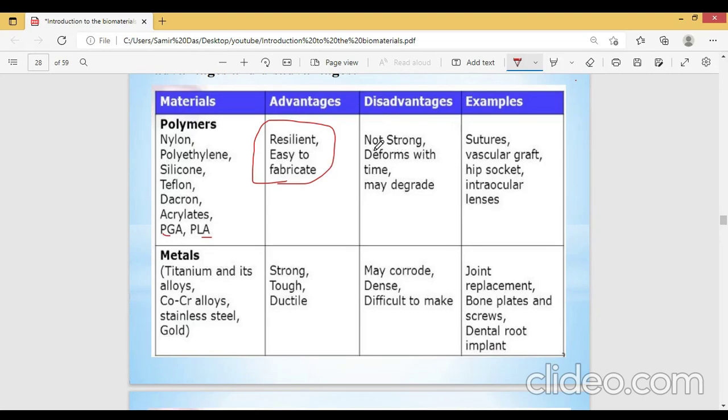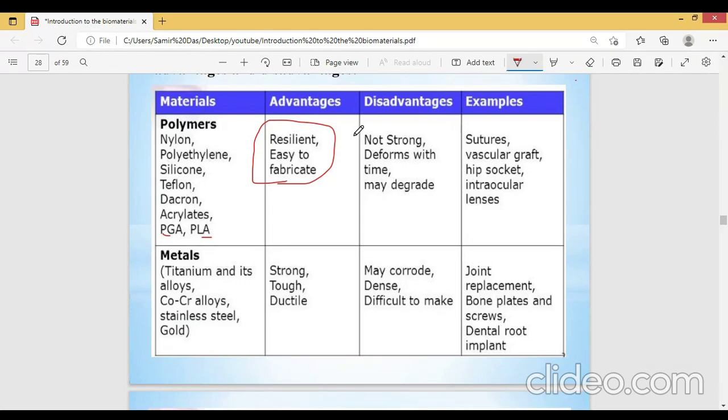But we have to understand that if the material is not strong enough, then it is very easy to fabricate or machine. Basically, strong materials which do not deform easily are not easily moldable.